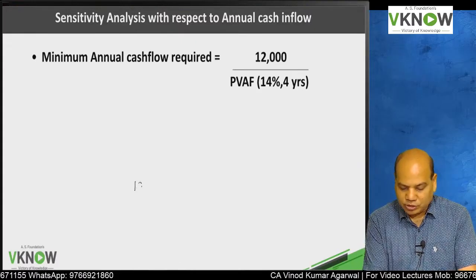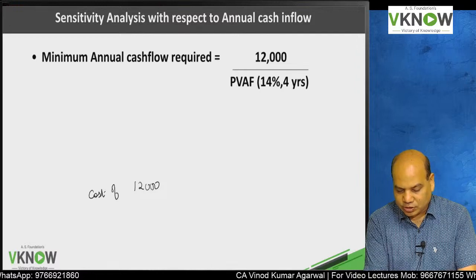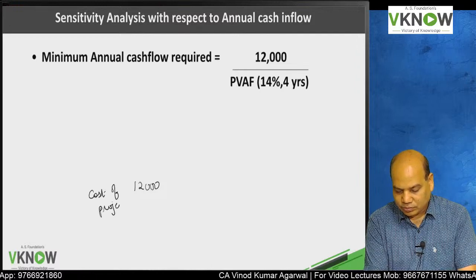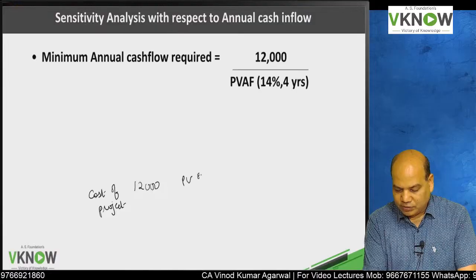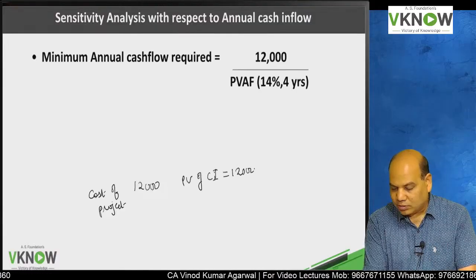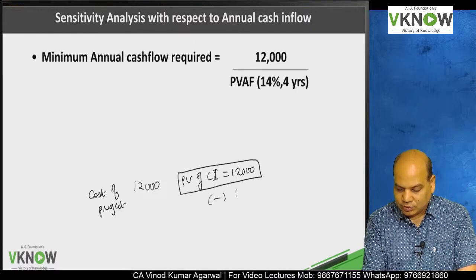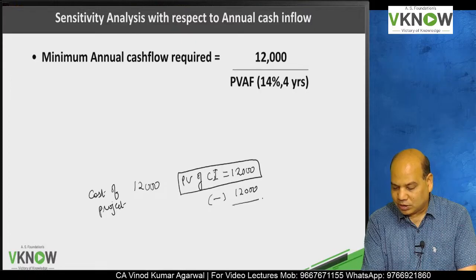My cost of the project is 12,000. PV of cash inflow should be 12,000. If PV of cash inflow is 12,000 and cost of project is 12,000, my NPV will be 0.